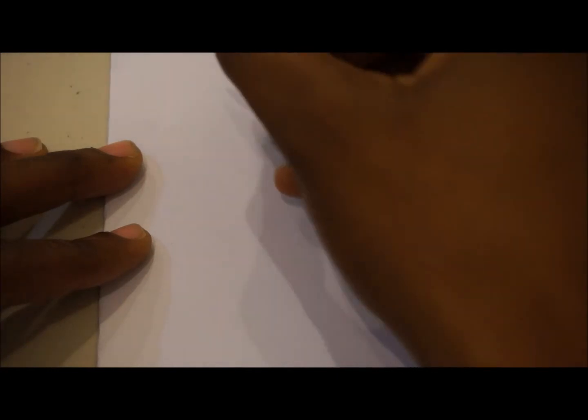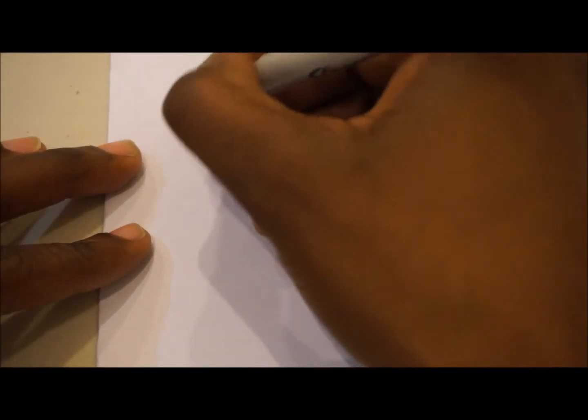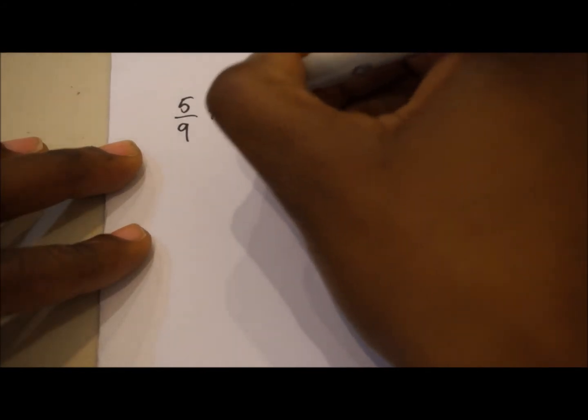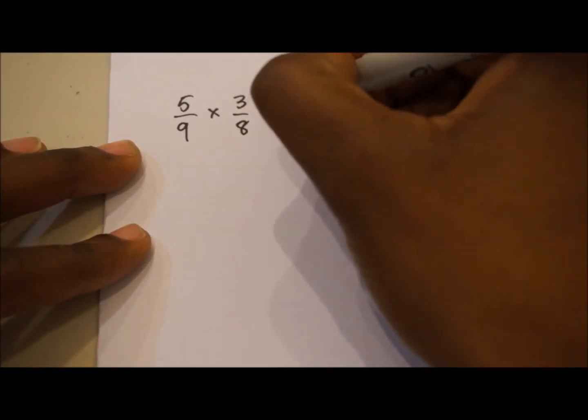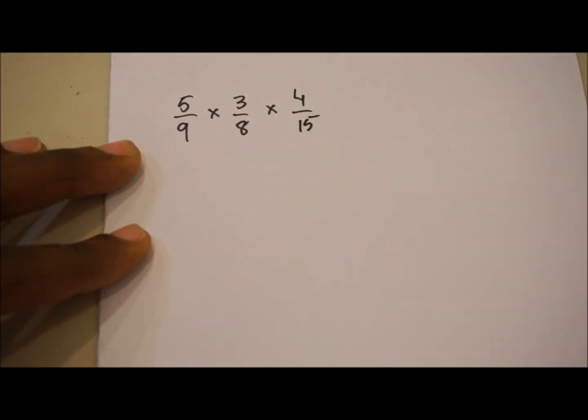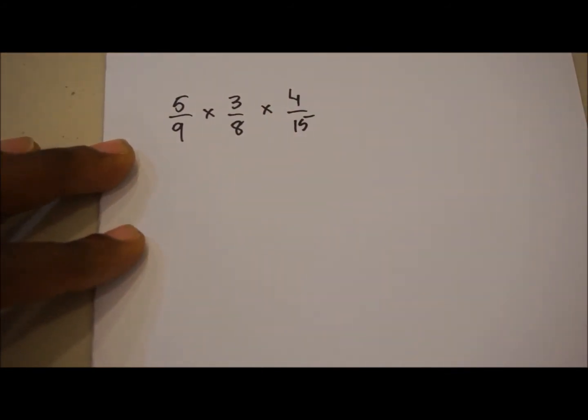Okay, let's try out another example. 5 over 9 times 3 over 8 times 4 over 15. This example demonstrates why cancelling is so important.